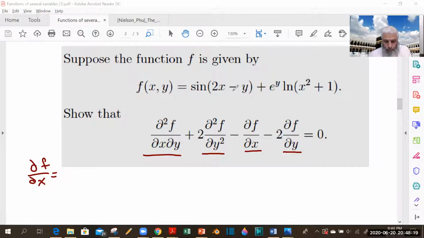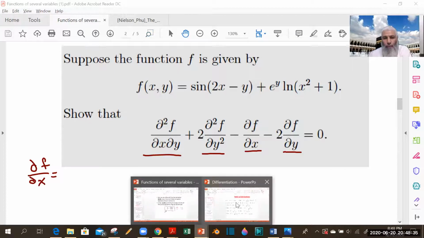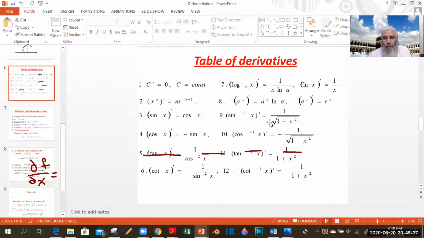It's not just easy to find the derivative of it, so maybe we can use our previous derivative rules. The derivative of sine x is cosine x.